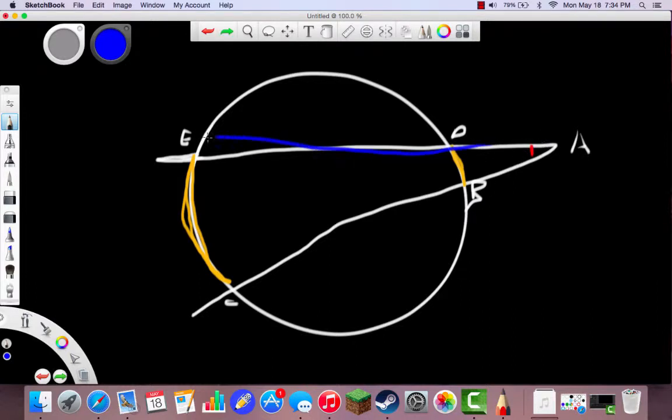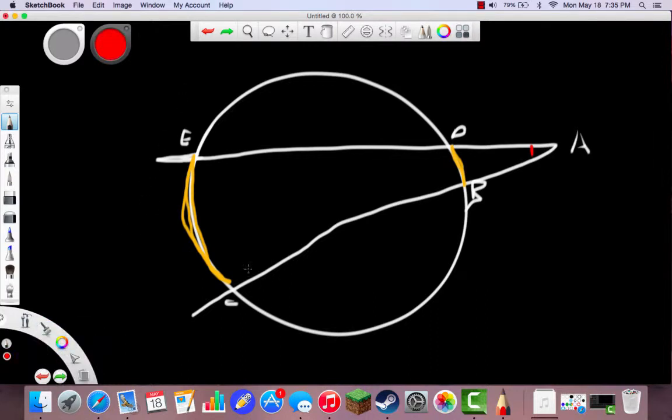So we know from this one that half of this minus this equals the angle. Okay? So let's look at a problem.